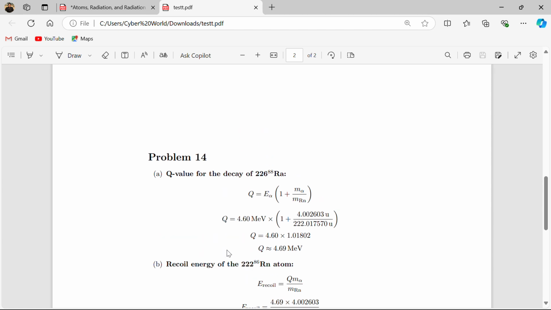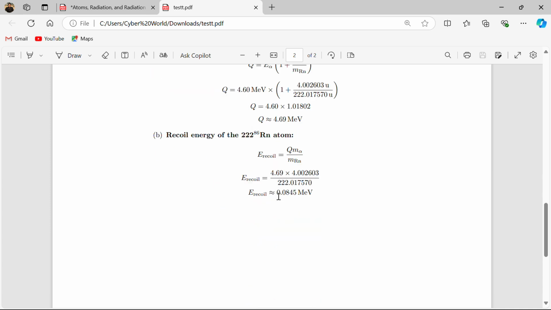So we just take the total energy, 4.69, and subtract E alpha, 4.60. After subtracting, you will get your final answer for the recoil energy.